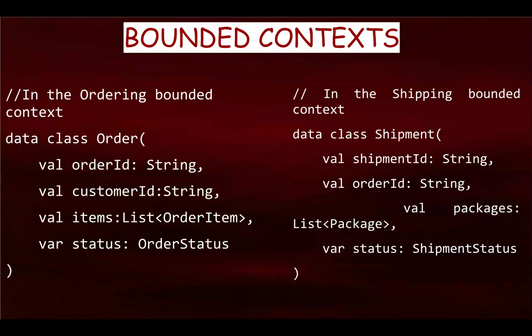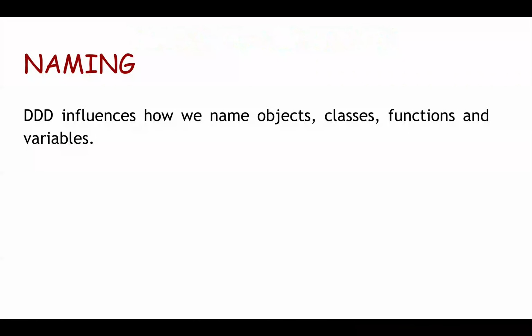But in the ordering context, it specifically identifies the particular good you are expecting. So that's what bounded context is about. What does a particular name represent in a context? So in one context, we have one meaning, and in another context, you have another meaning.